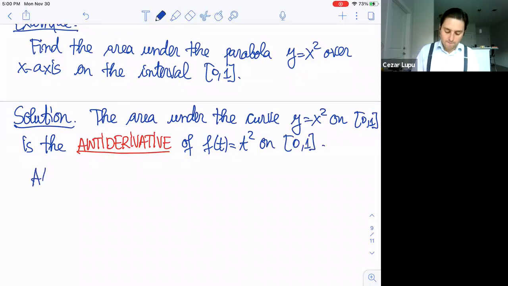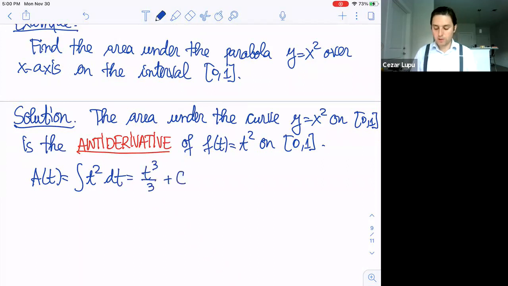So A of t is the integral of t squared dt, which you can compute by using the power rule, so it's t cubed over 3 plus c, where c is an arbitrary constant.